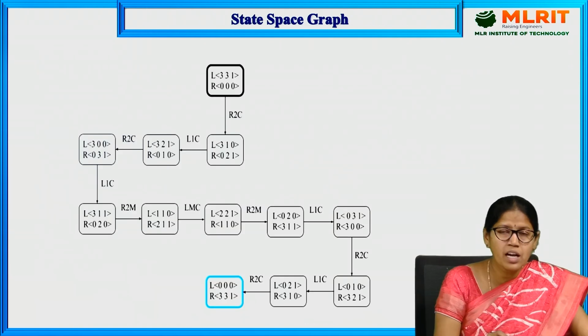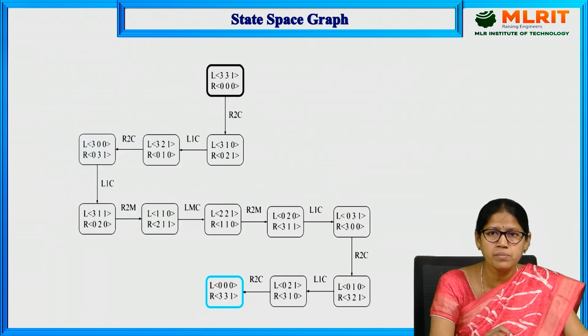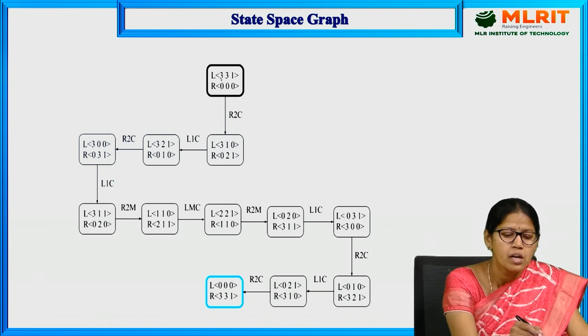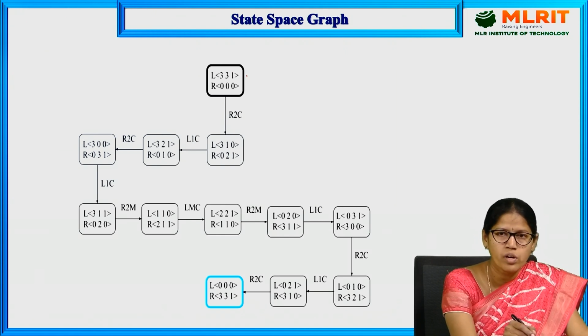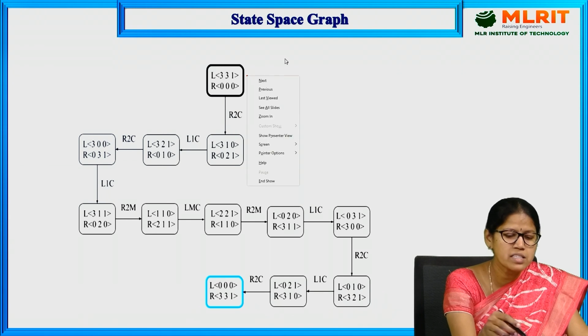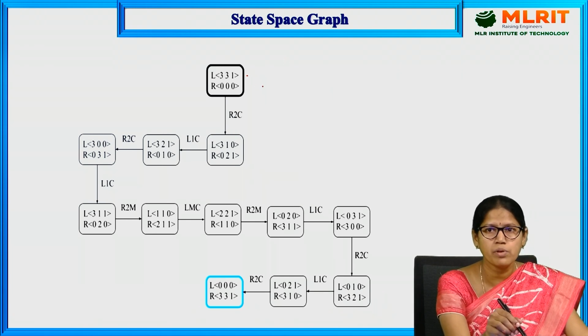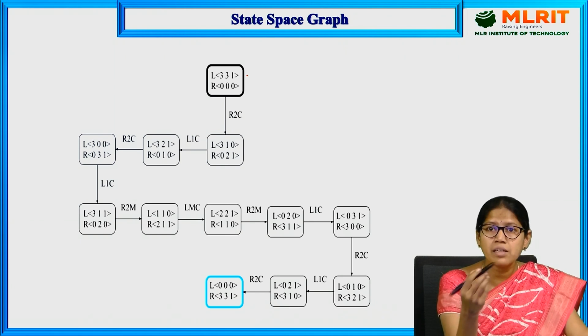So let's see how we will solve this missionaries and cannibals problem statement. It starts from 3 missionaries, 3 cannibals, and 1 boat at the left side, and the right side is 0 missionaries, 0 cannibals and 0 boat. For this problem statement, we can derive multiple solutions.